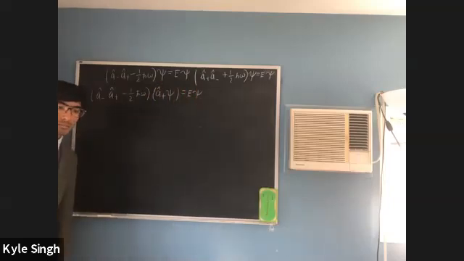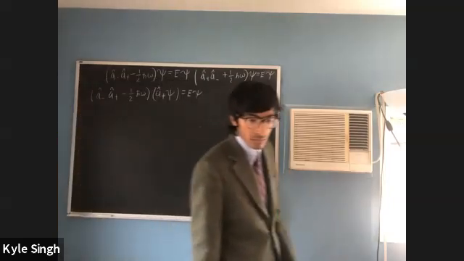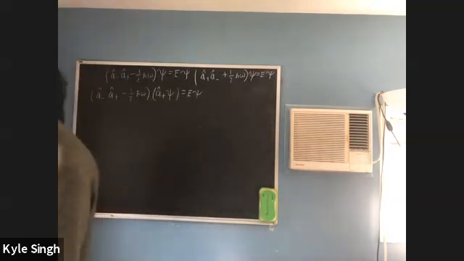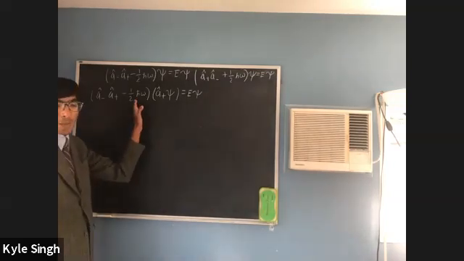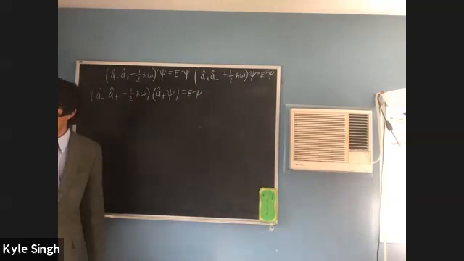So let's work this out. Now we have to be kind of careful because we have operators. But it's nothing crazy, because h bar and omega don't care about A plus.